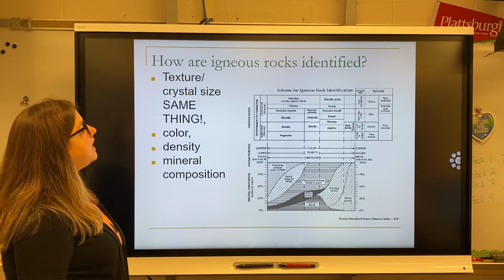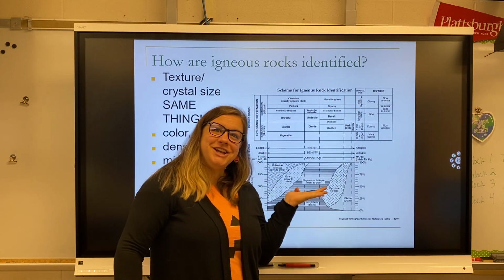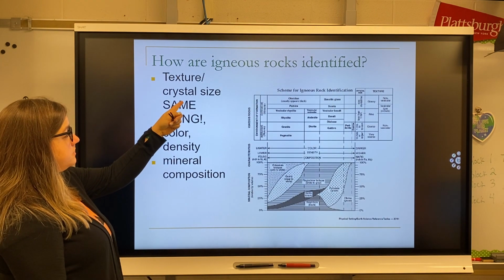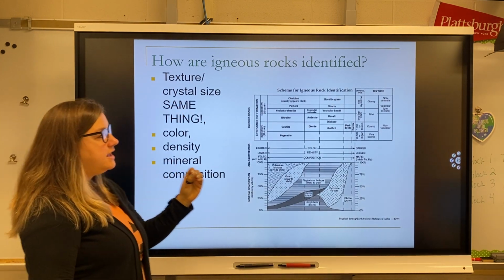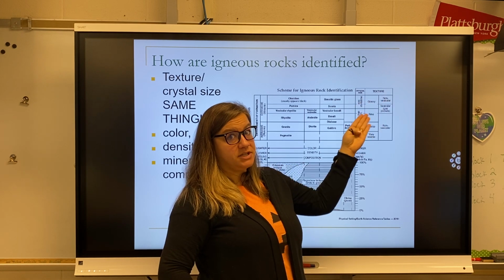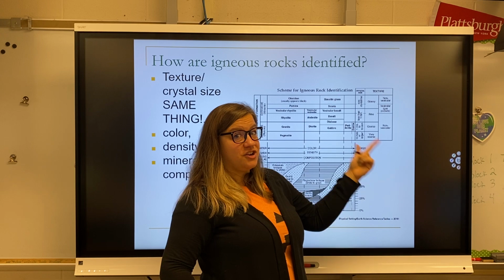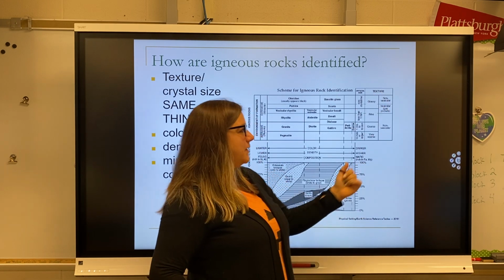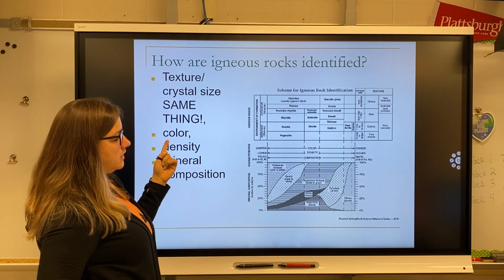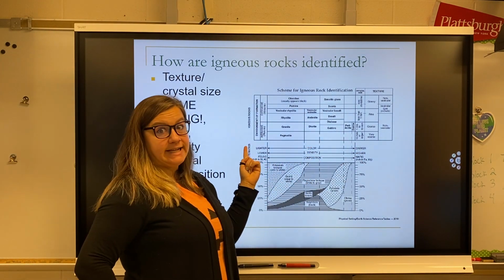Good. Now, how are igneous rocks identified? With this lovely, confusing looking chart. All right. So you have the texture, which is the crystal size. Texture and crystal size go hand in hand with each other. That's why they're on the same part of the chart. That's why they're housed next to each other. They're friends. Okay. So then you have color, which is going to be either dark or light.